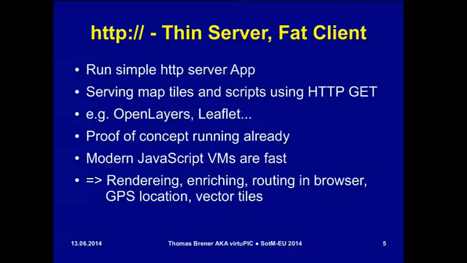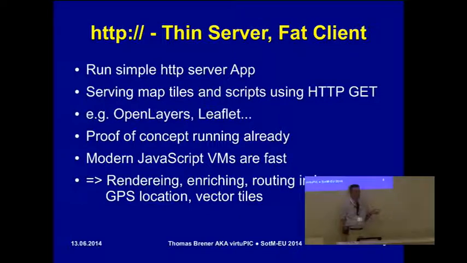What you can also do here is that modern JavaScript VMs are really fast, or efficient. I'm not really sure about efficiency, but they are fast. So you can do some flexible stuff with them.